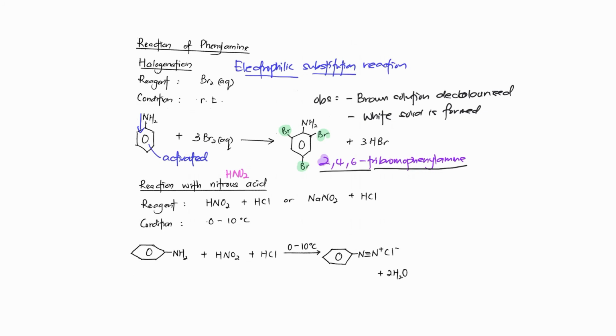The reagent is HNO2 with HCl, or NaNO2 with HCl, where NaNO2 with HCl, we could get nitrous acid and NaCl. This is what we need for the reaction. The product here is the diazonium ion.